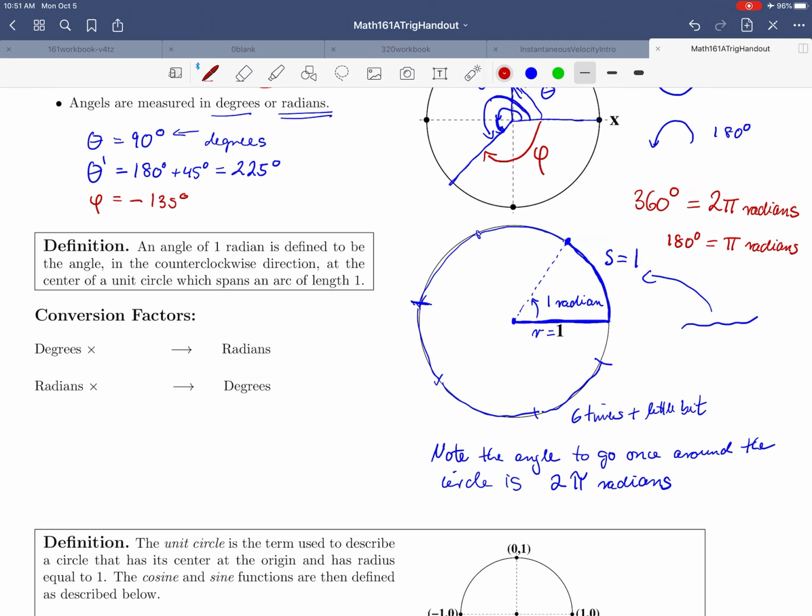And we can use this correspondence to convert from degrees to radians and vice versa. To go from degrees to radians, we take our angle in degrees and multiply by pi over 180, because pi radians corresponds to 180 degrees. Or to go the other way around, we take our radian measure and multiply by 180 divided by pi.